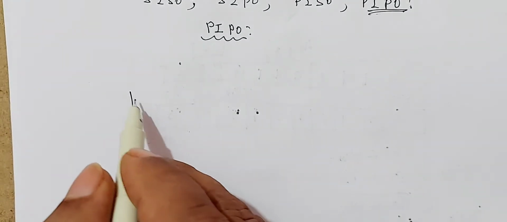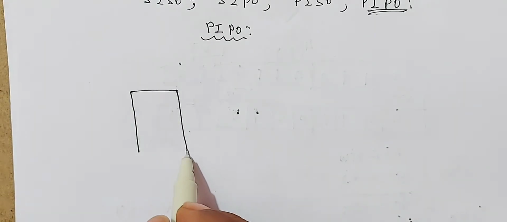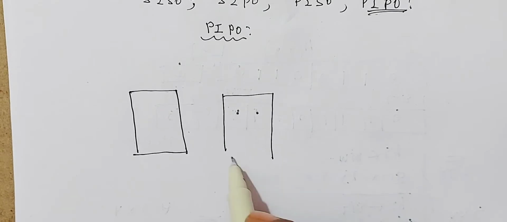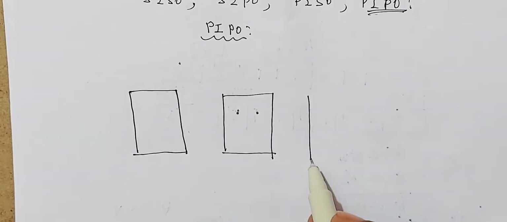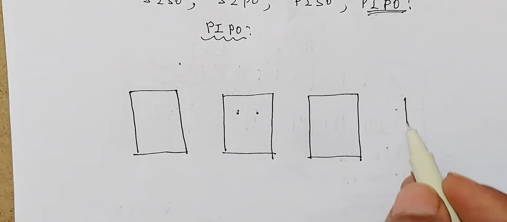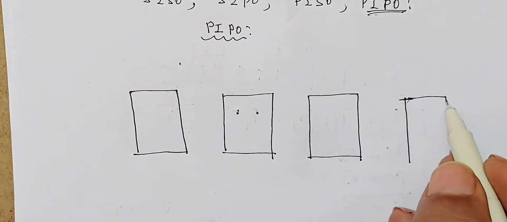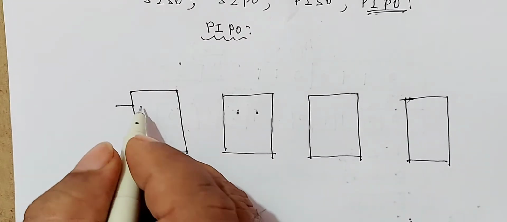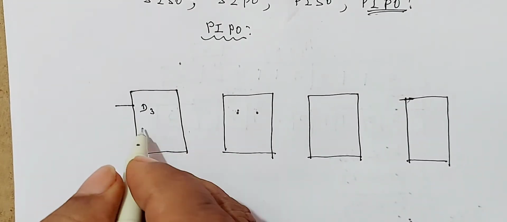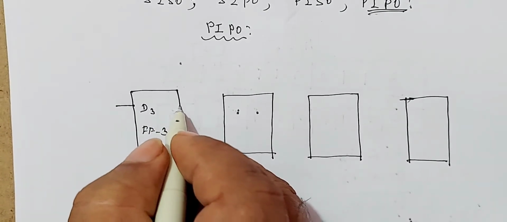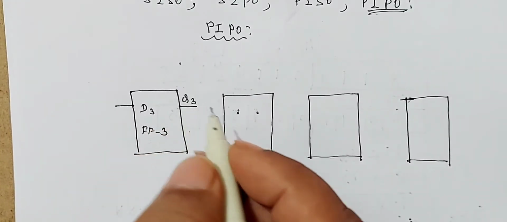So, in order to shift 4 bits, write 4 D flip flops: 1, 2, third flip flop, fourth D type flip flop. You know that D is the input. I will consider this as flip flop 3. D3 is the input and Q3 is the output.